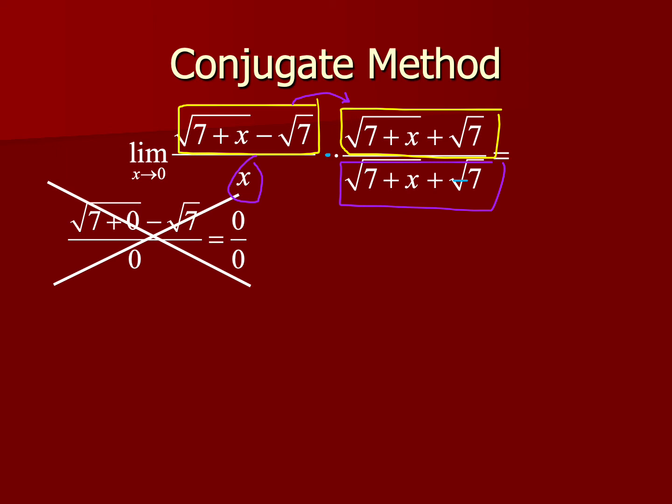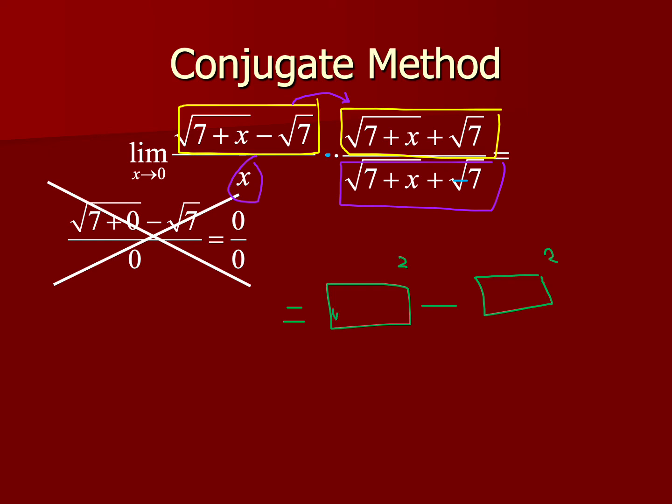The easy way to multiply, if I don't like to use FOIL or the long method of multiplying, I just say the first term squared minus the second term squared. This is the easy way to multiply two terms by its conjugate.